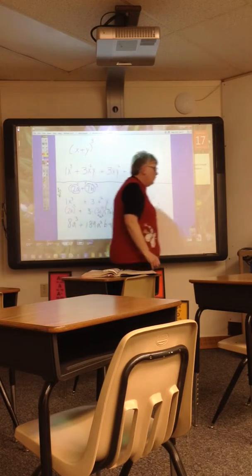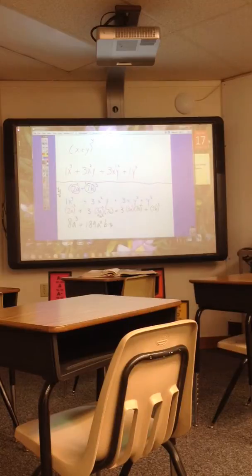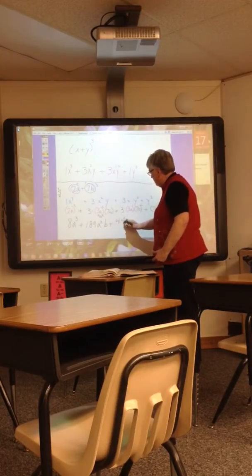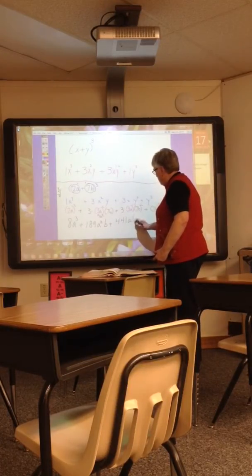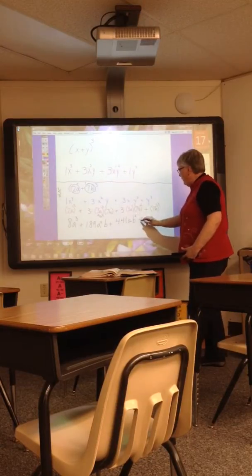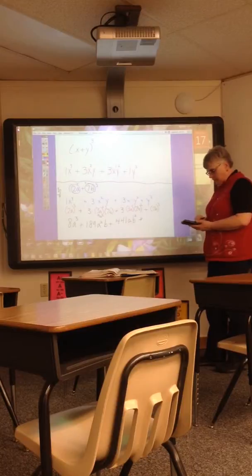Then if we go over here, we're going to take the 7b and square it, which will be 49. So we're going to take 49 times 3 times 3. And the last thing we'll do is take 7 and cube it.